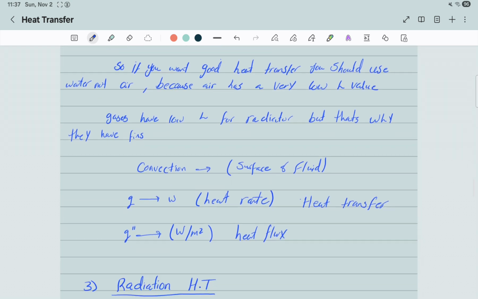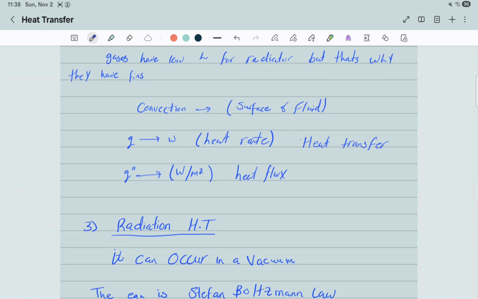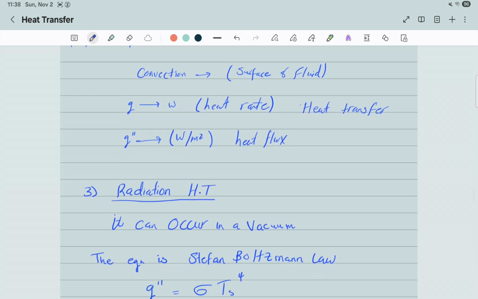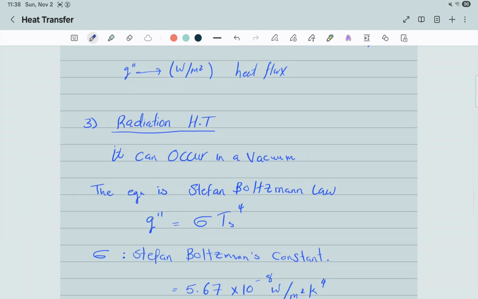And that is it for convection. For radiation, it can occur in a vacuum. Radiation is calculated through the Stefan-Boltzmann law, which basically states that the flux, the heat transfer per unit area, equals sigma times the temperature of the surface to the power of 4.